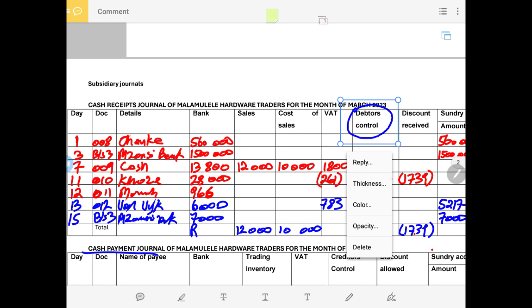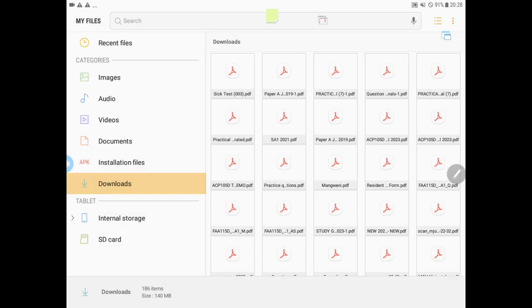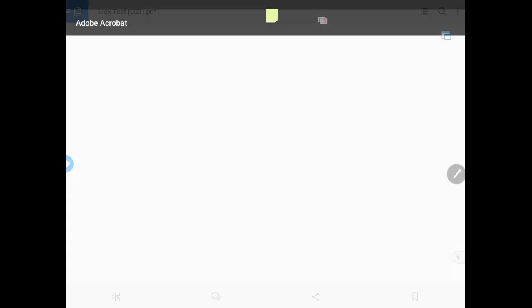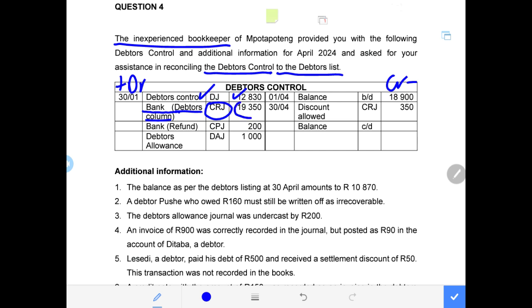Now, why am I bringing this to your attention, and bothering you with the previous recording, which I believe you also watched before this one? It is the fact that the bank from the cash receipt journal in the debtors control column, specifically in terms of the amount, comes from the debtors control column, meaning that 30,000 that I just spoke about.